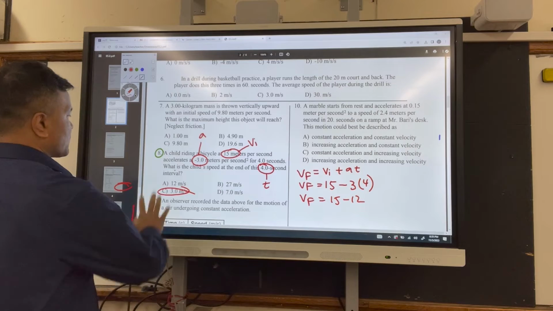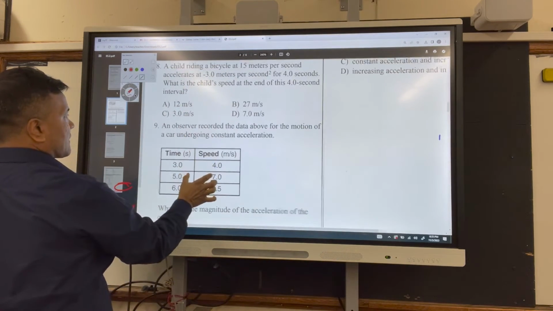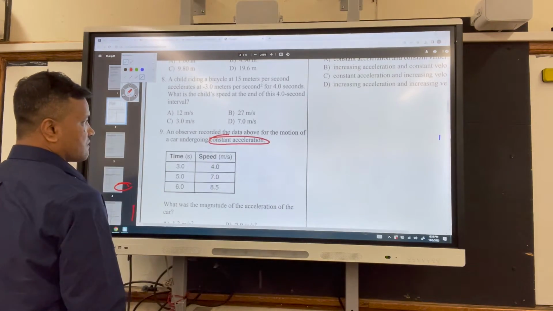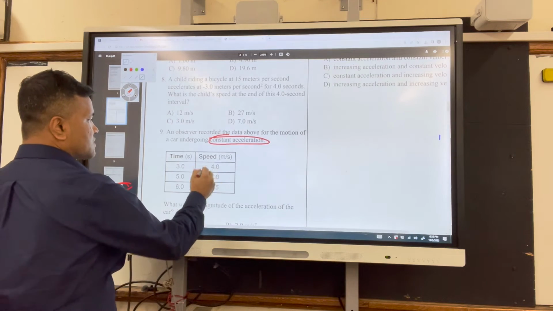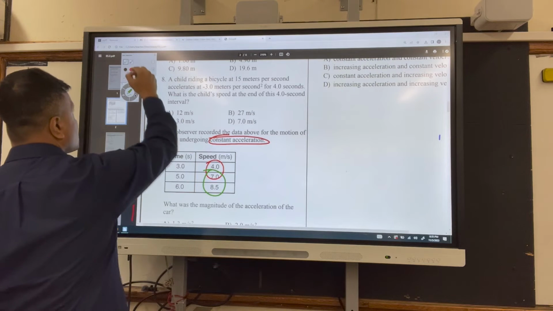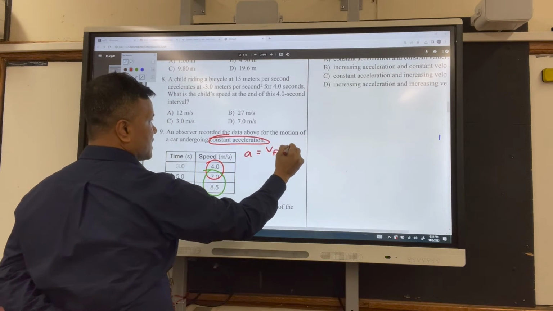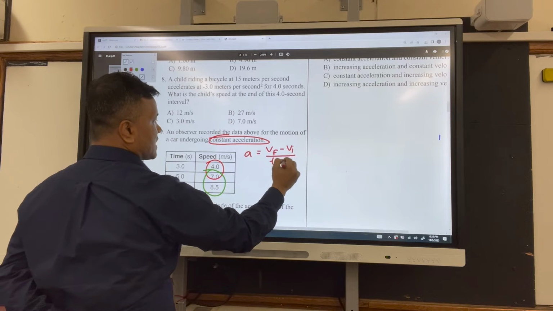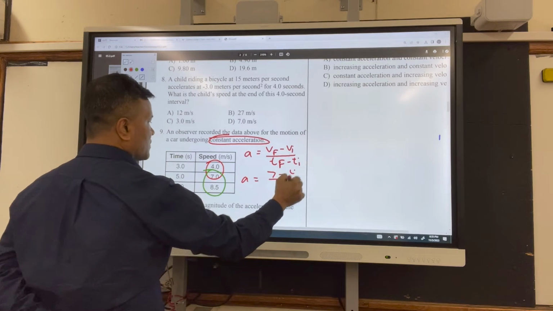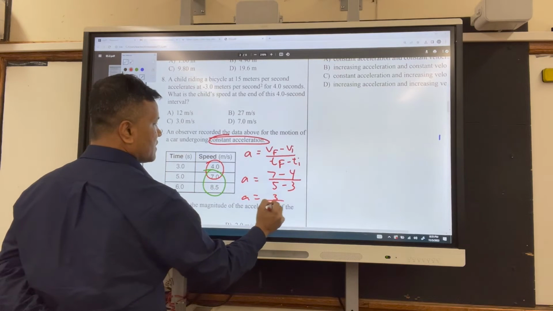And that takes us to problem number 9. An observer, and they already told you constant acceleration. So you can use this 2 point or this 2 point. Let's use the red first. Acceleration is Vf minus Vi over Tf minus Ti. So acceleration is 7 minus 4 over 5 minus 3. So you have 3 over 2.